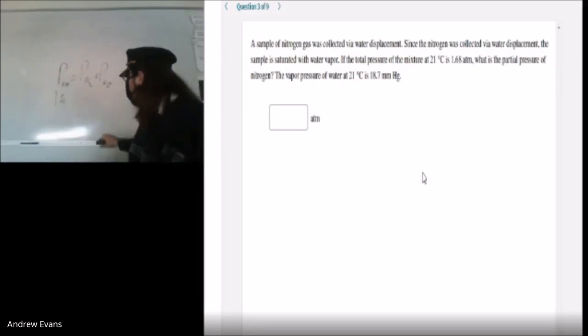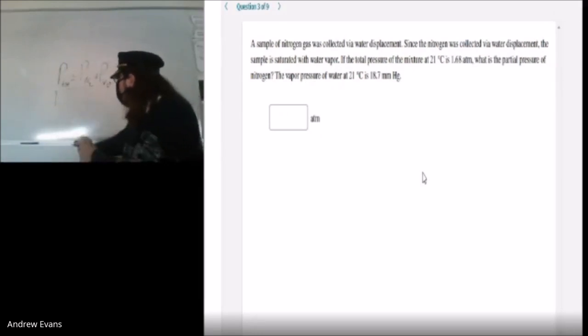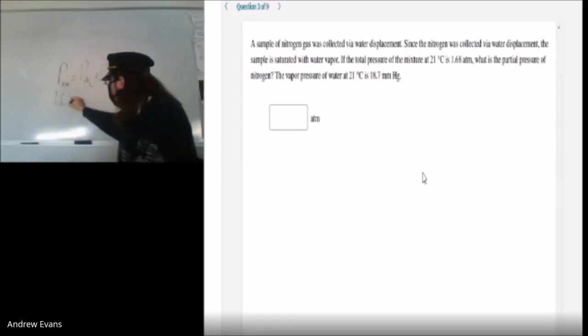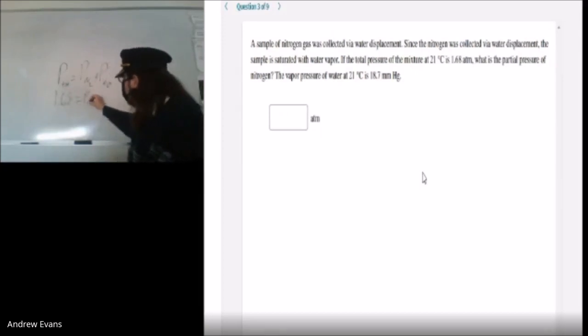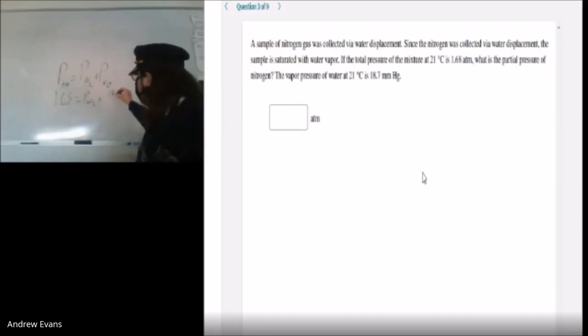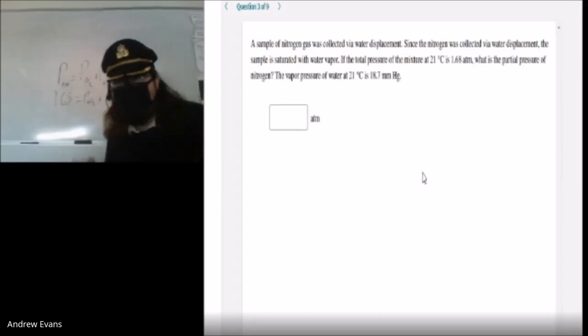So we have 1.68 atmospheres equals our unknown pressure plus our P of water, which is 18.7 millimeters of mercury. The only thing we have to worry about is turning millimeters of mercury into atmospheres, because we cannot subtract millimeters of mercury from atmospheres.